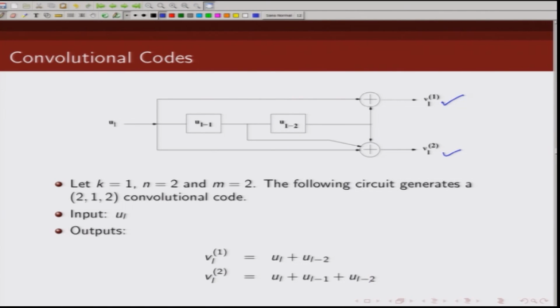So, you can see the difference here. The output not only depends on the current input, but it also depends on past inputs. Similarly, in a convolutional code the output depends on past inputs and outputs. Okay. So, that is one of the major differences between convolutional codes and block codes.